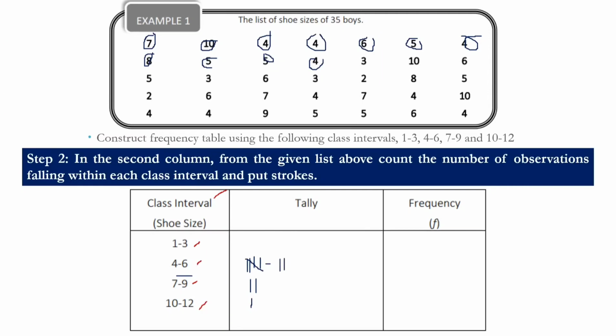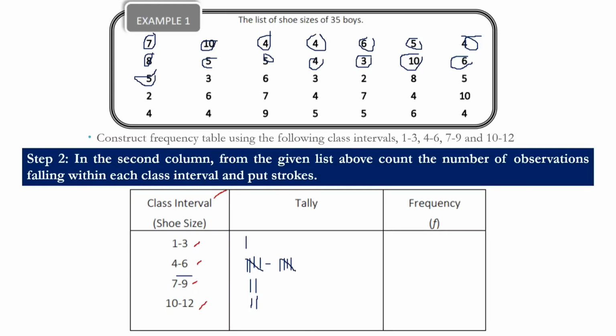Next, 3 belongs to the class interval 1 to 3, so that is 1 stroke. And then 10, we have 1 stroke for 10 to 12. 6 belongs here, and then 5 also belongs to that interval, and so on.